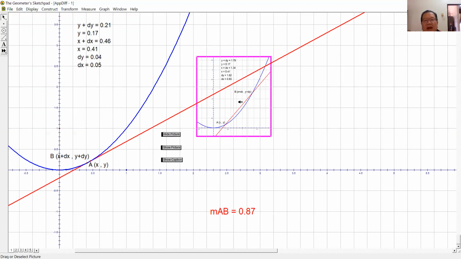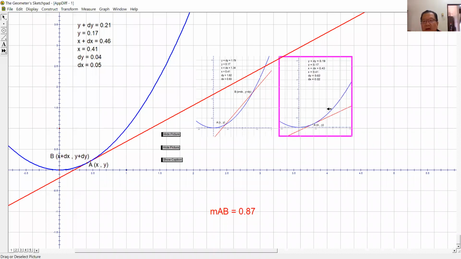So at first we have this one I captured earlier. At first, A and B are quite far apart. Finally, when the delta x and delta y are small enough, then this red line becomes a tangent to the blue curve at the point A. And the gradient I have calculated is 0.87.